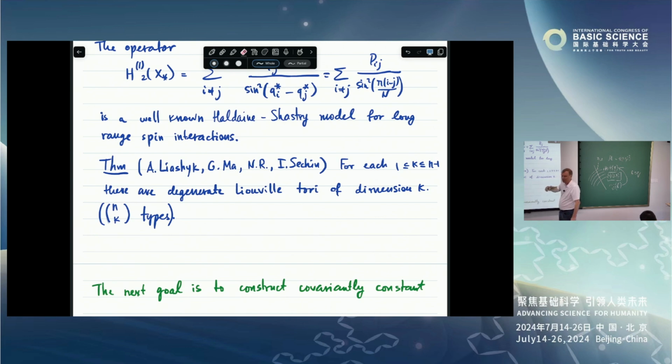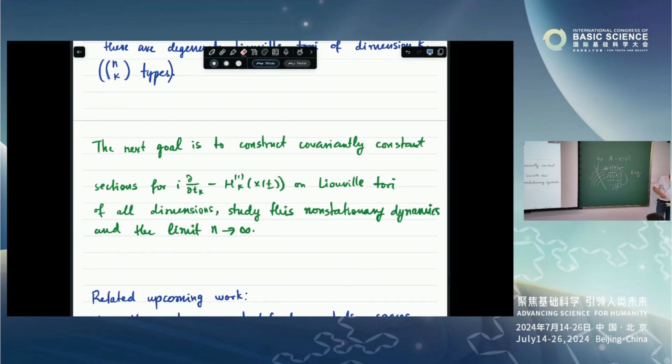Well, it turns out that there are n choose k types of degenerate Liouville tori of dimension k, and over each of these tori there is this hybrid dynamics, and then the next goal in terms of studying dynamical systems is to construct the eigenfunctions of these differential operators on Liouville tori of all dimensions.